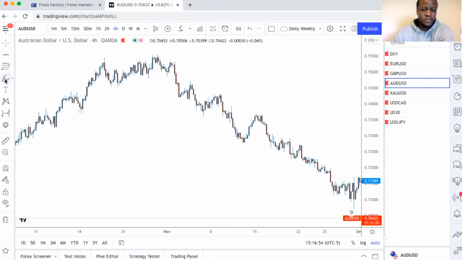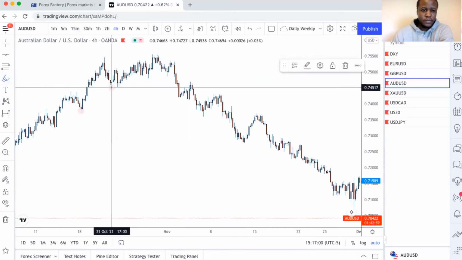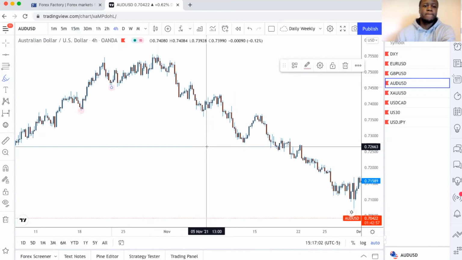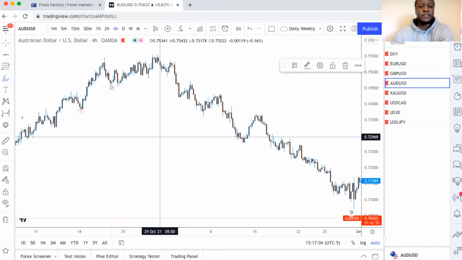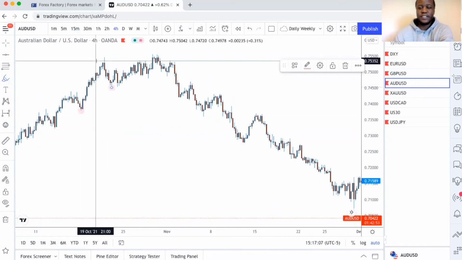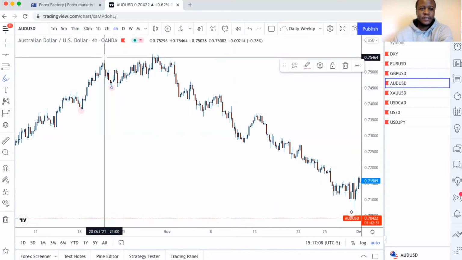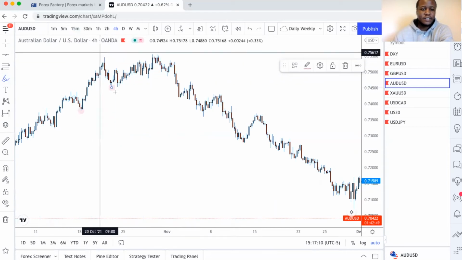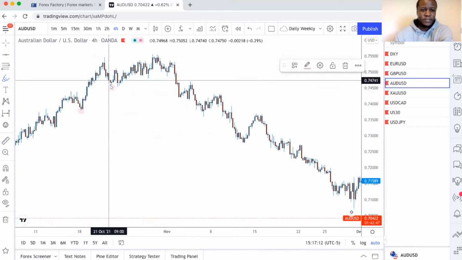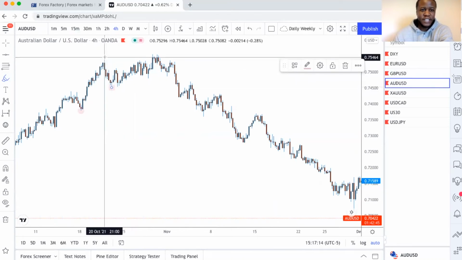So this would be considered a new swing low since this was taken out right there. You don't have a swing low until a swing high is taken out. So you don't have a new swing low until the swing high is taken out.